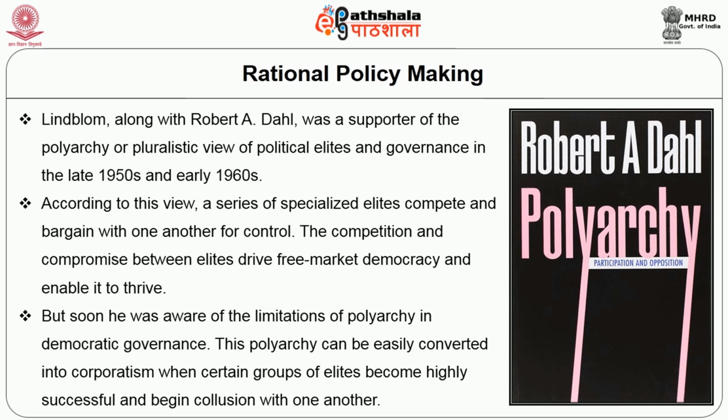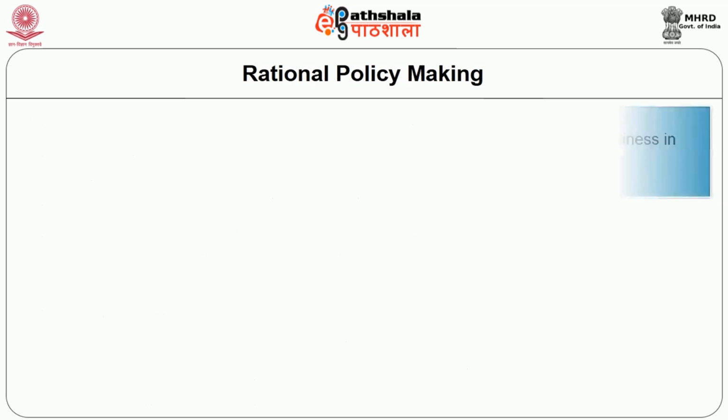But soon they became aware of the limitations of polyarchy, especially in a democratic governance. Polyarchy can easily be converted into corporatism when certain groups of elites become highly successful and begin colluding with one another.